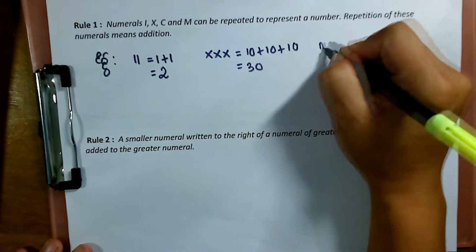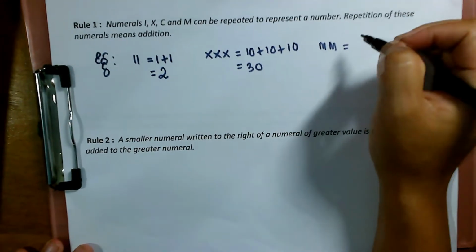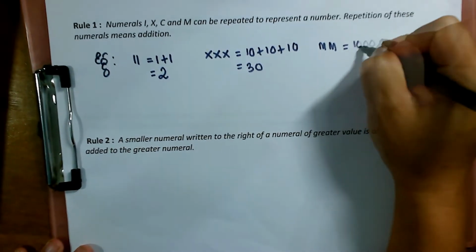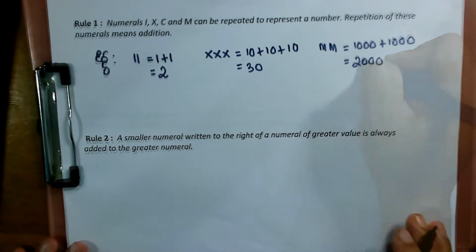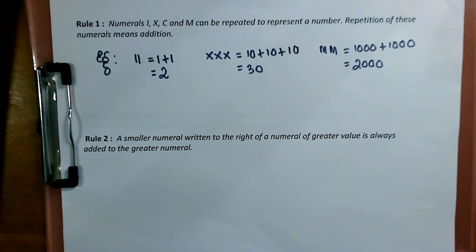Similarly MM equals 2000. Value of M is 1000. So 1000 plus 1000 equals 2000. So in this way the numerals I, X, C and M can be repeated, but they cannot be repeated more than 3 times.